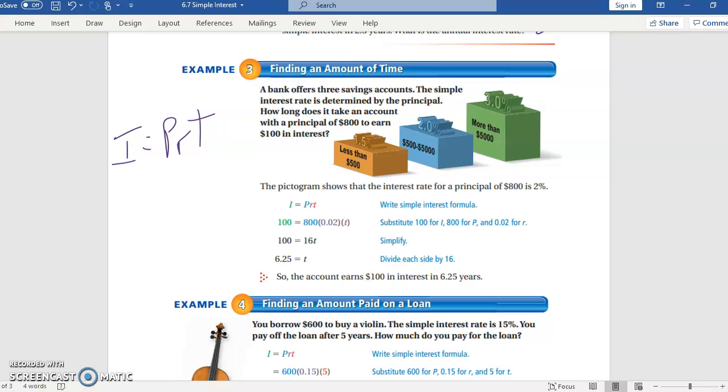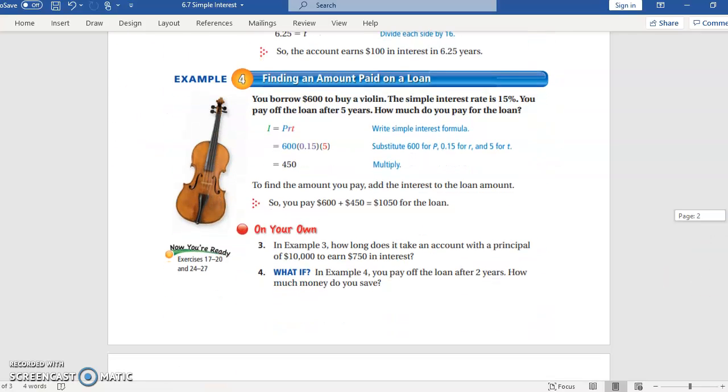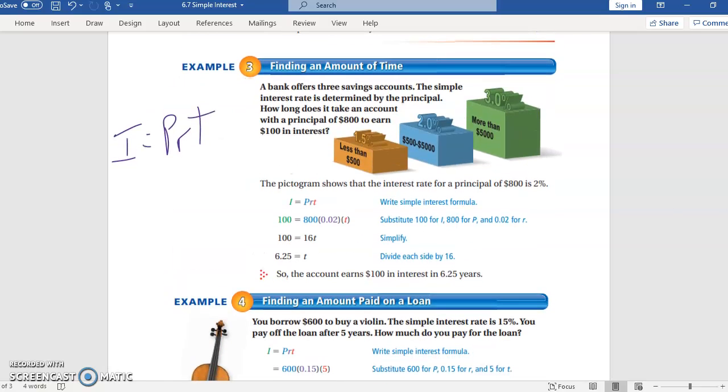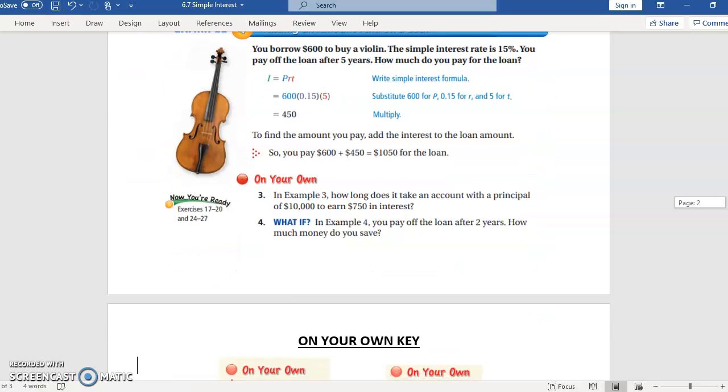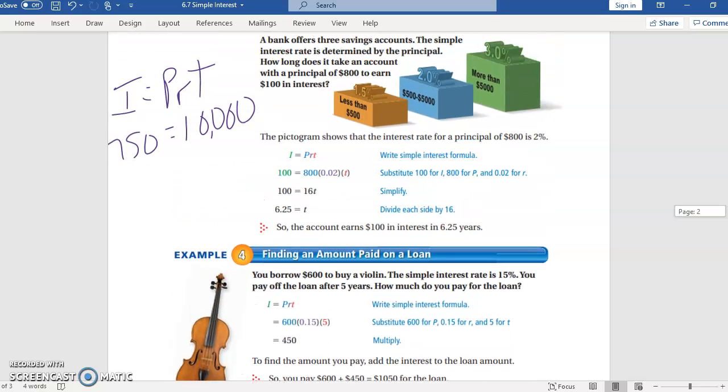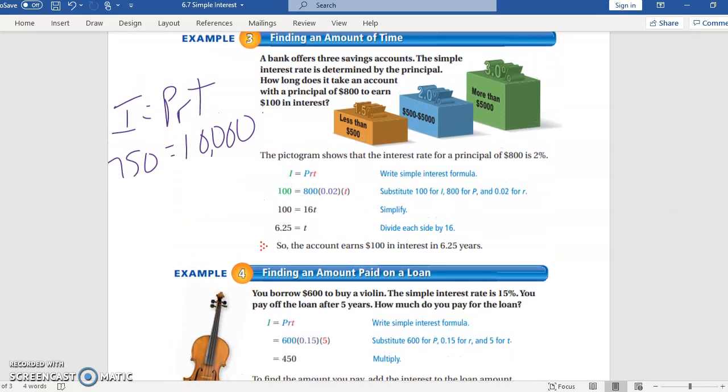So our interest, sorry to have to go back and forth, interest 750. Our principal, I believe, was 10,000, but I'm going to double check. 10,000. And 3%, so times 0.03 times t. We don't know that. That's what we're looking for.